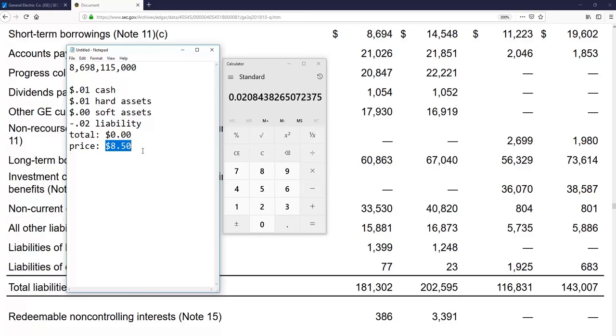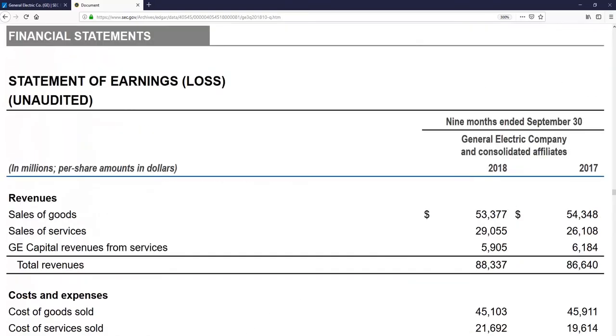All right. Now let's take a look at the earnings, because that is another thing here. Because maybe that price is supported by earnings. So let's find out. All right. So this is the income statement. This is all the money that's been made and all the money spent to make that money.